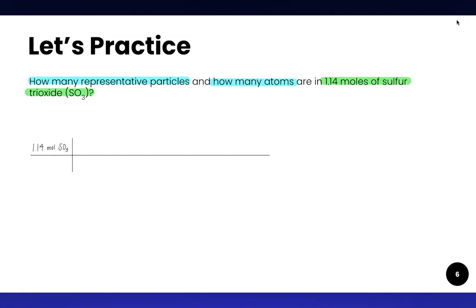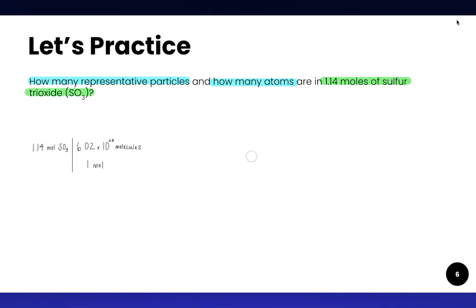Okay, so I'm converting from moles into representative particles. So I am going to multiply by 6.02 times 10 to the 23. There are 6.02 times 10 to the 23 molecules in 1 mole.